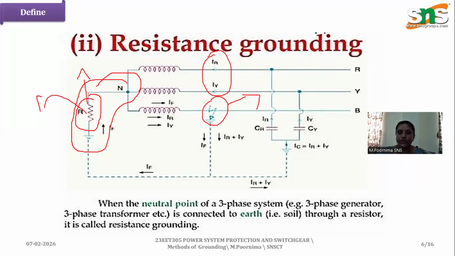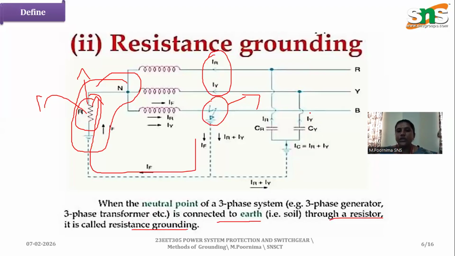That is the main important thing. The fault current passes through the resistance, so it can be controlled. Here, the neutral of the three-phase generator or transformer is connected to the earth through a resistor, so it is called resistance grounding.